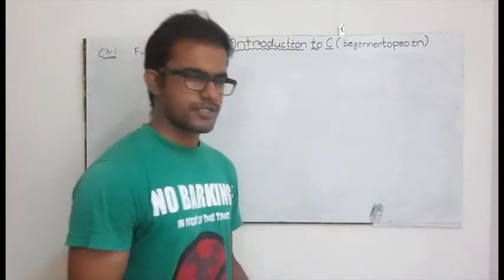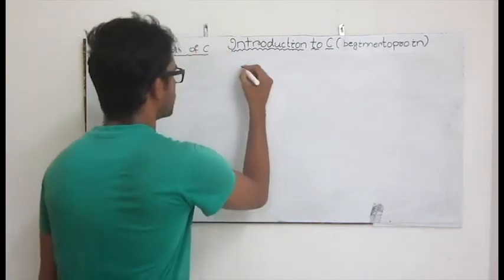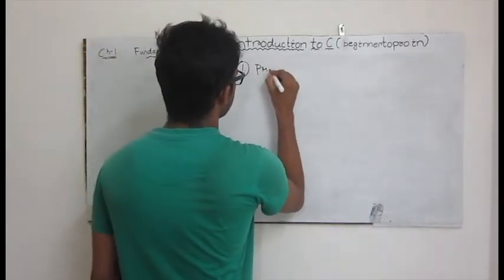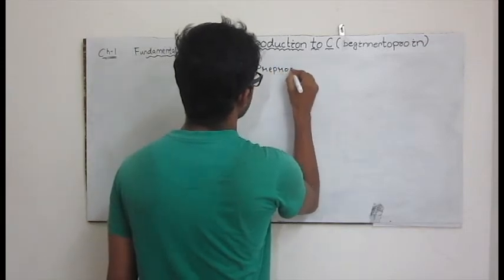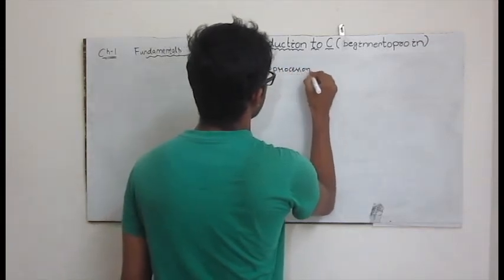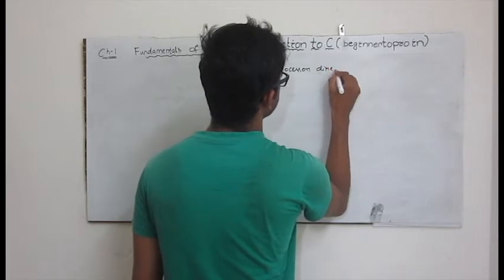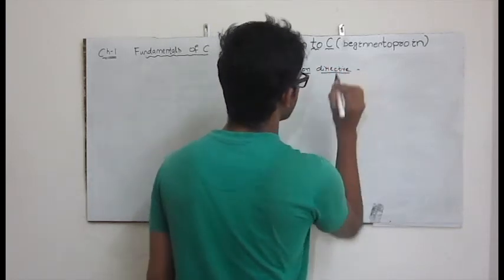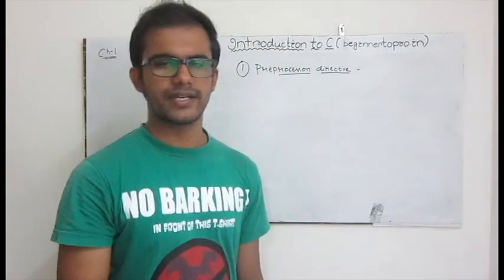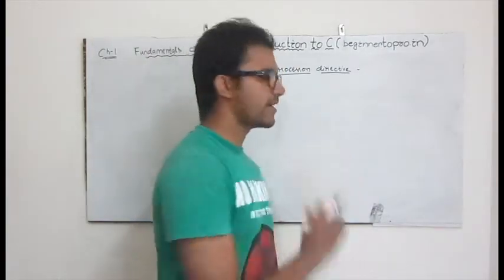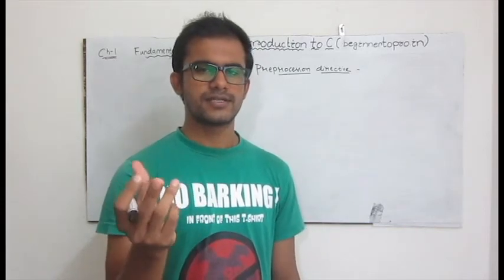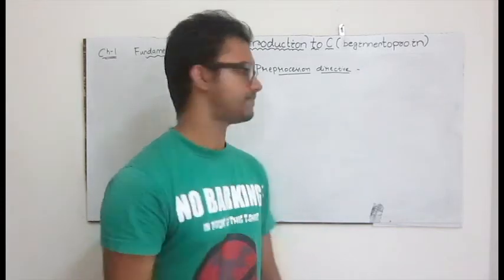So our first point is, what is a preprocessor directive? A preprocessor directive is defined as a C program line which is starting with hash.